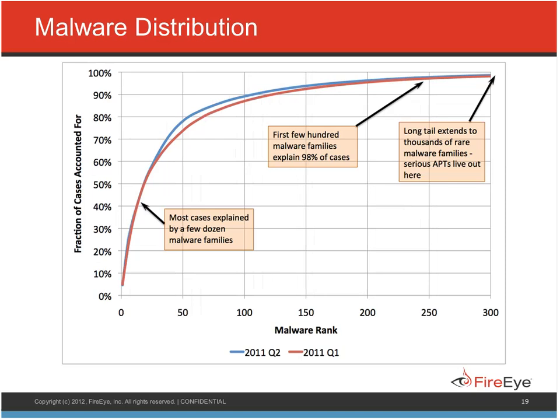And overall, when we take a look at the various families of malware, along the x-axis, we've got the malware rank. So let's say the top 300 families of malware. And then the y-axis is the fraction of cases that it's accounted for. If we look at, let's say, the top 50 malware families, if you go up the y-axis, the blue line is going to account for almost 78% of all known infections.